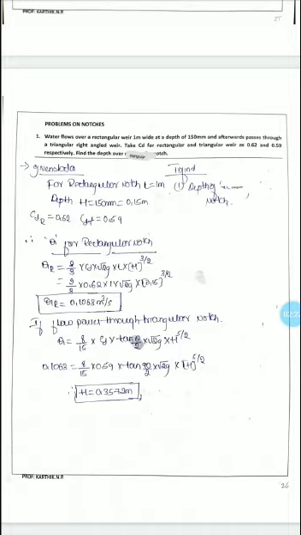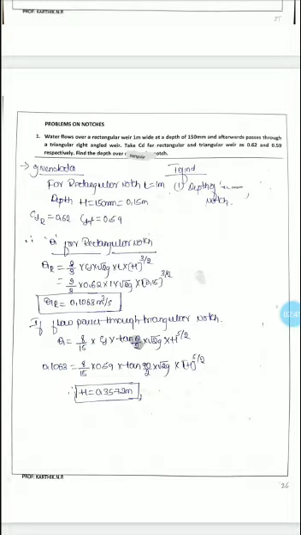For the same discharge, the same flow rate of water flows through the triangular notch. We need to determine the depth for the triangular notch. Using the discharge equation for a triangular notch, Q is equal to 8/15 CD tan(theta/2) root 2g H raised to 5/2.